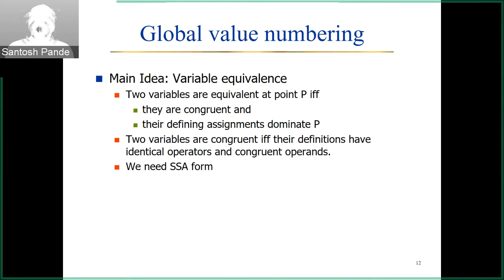Two variables are congruent or exactly equal in terms of their values if their definitions have identical operators and congruent operands. And this is what we'll be using to build a relationship in terms of the SSA and things like that.